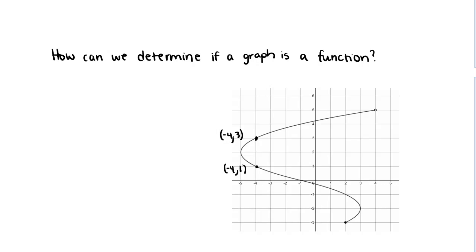And so what that's telling us, since this first coordinate is the input coordinate, is that the input of -4 leads to 2 different outputs, 3 and positive 1. And remember, a function is a relationship where every input leads to exactly one output. And that's not the case here. Right? So this is not a function.